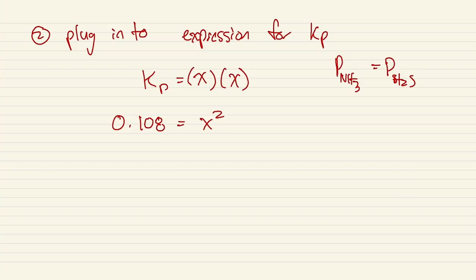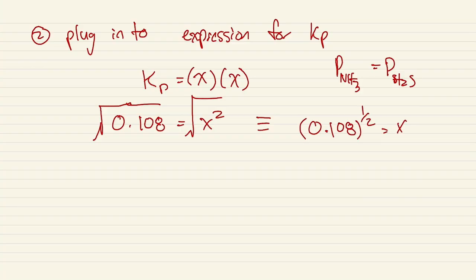So I solve for X by doing what? Yep, we square root both sides, which is the same thing. This is equivalent to just 0.108 to the 1/2, X squared to the 1/2.